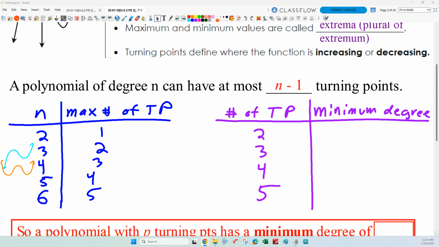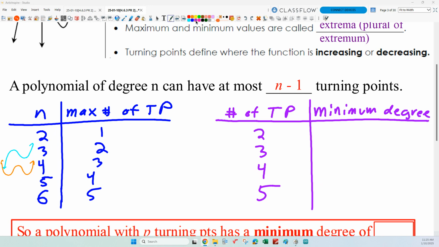So what if you see that it's got 2 turning points? What's the smallest degree it could be? Show me with your fingers, everybody. Yeah, it's 3, isn't it? It can't be 2, because if the degree was 2, it couldn't have 2 turning points. It could only have 1. So it would be 3.